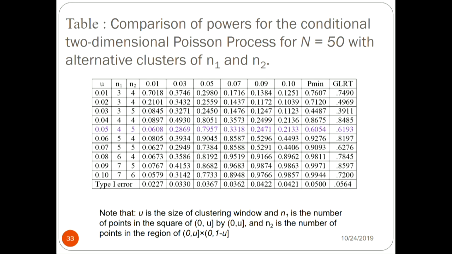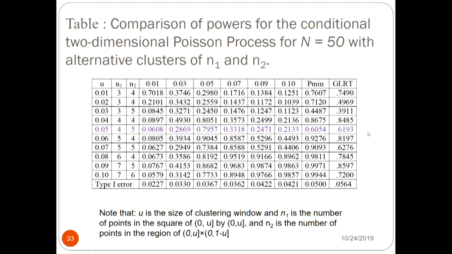Okay, now if I use the generalized likelihood ratio test statistic, and then compare the observed events inside the square with the expected number of events outside of the testing area, we can calculate the power based on the cutoff type spatial scan statistic, and the power is also quite good here.